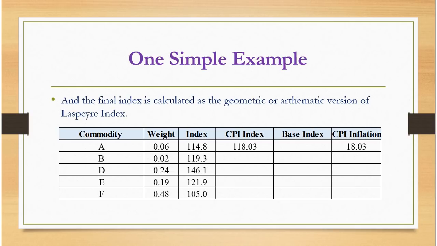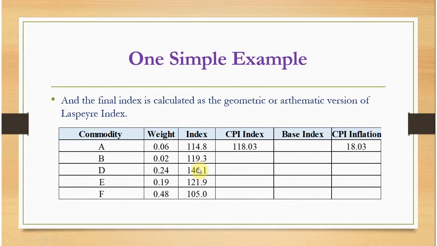Now we move to next stage. Now we introduce the expenditure weights of the commodities. We have the aggregated indices, and we calculate the final CPI index as the weighted geometric mean of all these indices.